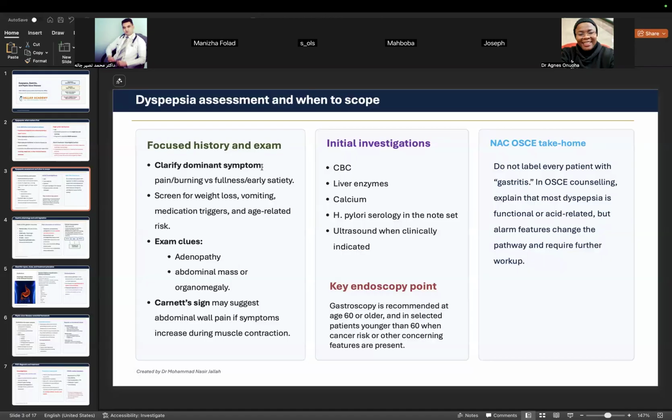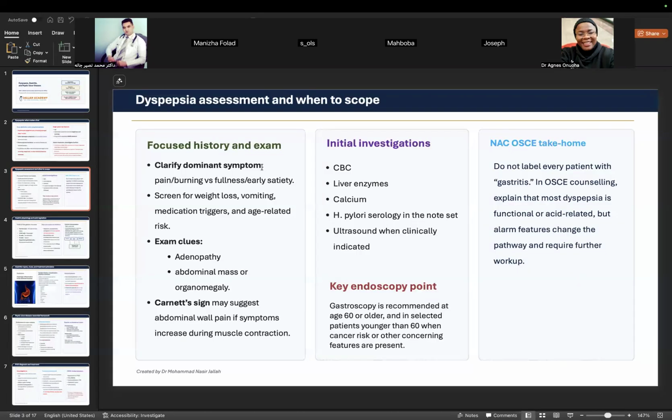If you guys remember, I was insisting on age. Age is one of those factors that when we start the station, it starts with age. So it's one of the factors that we always have to keep in mind, because it really helps us come up with the right structure or approach for our management and for our treatment.